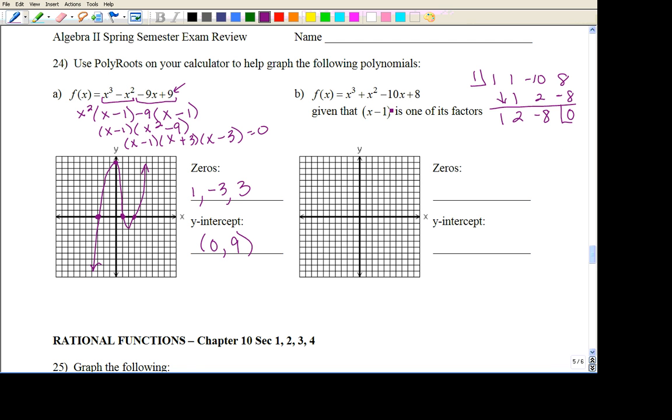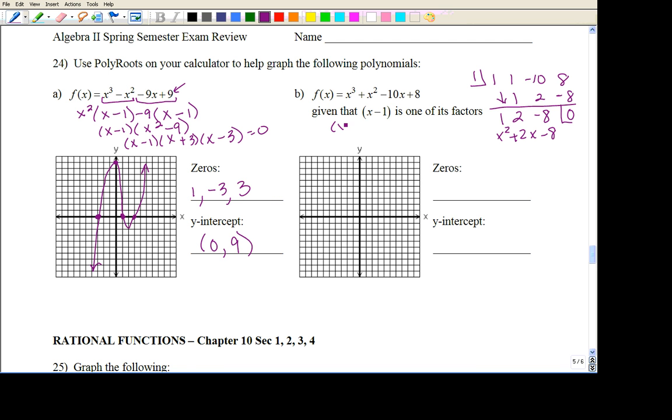Because it told us that x minus 1 was one of its factors, we already knew that this remainder should be 0. The quotient is 1 degree less than what we started with, so this is 1x squared plus 2x minus 8.